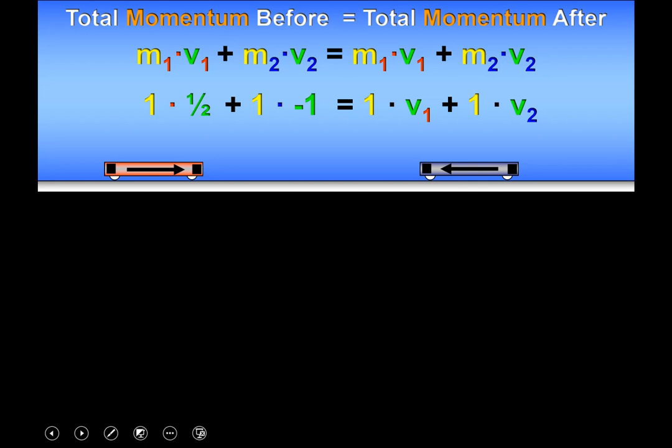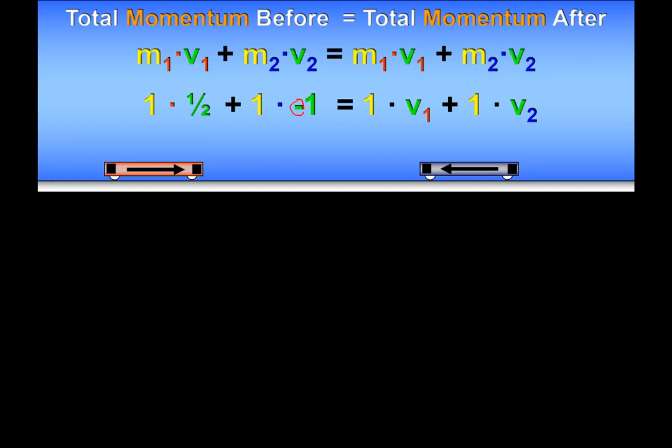So they're both 1 because there's nothing sitting on top of each other. So if the red was moving at half, the blue was moving at -1. Remember, negative just means direction. What would be the two velocities after they hit? Now, I will tell you this, I will not make you solve for both velocities.